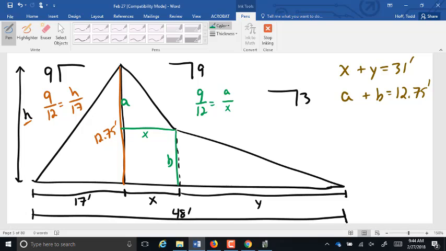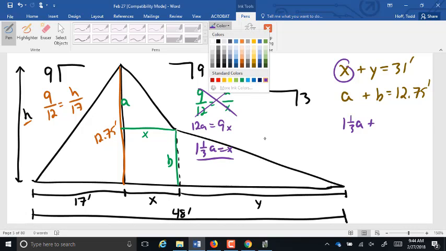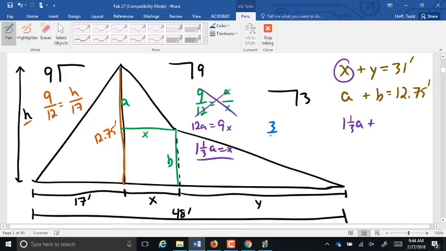But I also know 9 over 12 equals A over X, right? This is X here. So that gives me 12A equals 9X, or 1 1/3 A equals X if we divide by the 9. So this X is really 1 1/3 A. Then for Y, we have that 3 over 12 equals B over Y, correct?